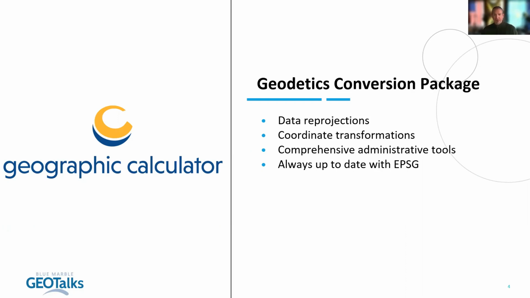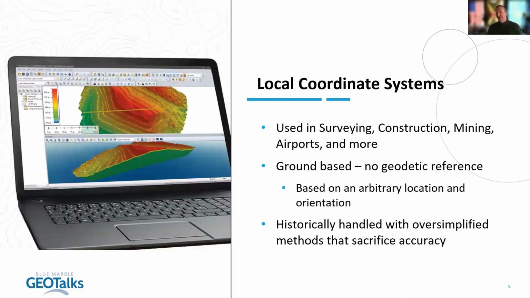And today we are specifically going to be looking at how we handle local coordinate systems within the context of the Geographic Calculator. So I talked about a few use cases: surveying, construction, mining, airport management, and so on. The coordinates that we're dealing with are all common. It really doesn't matter which of those applications it's going to be, because the work is being done by surveyors.